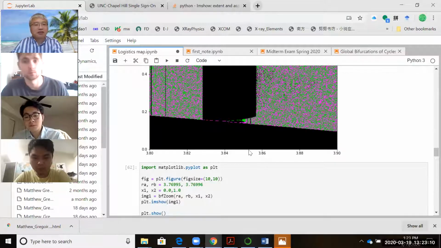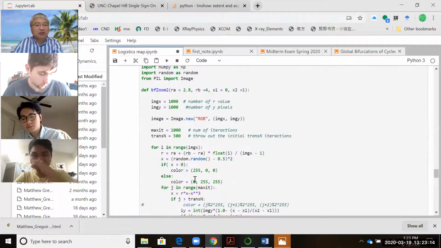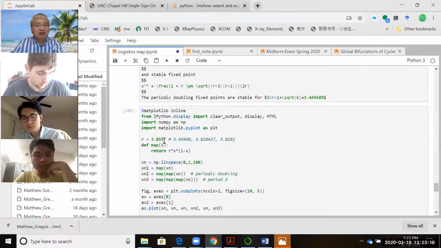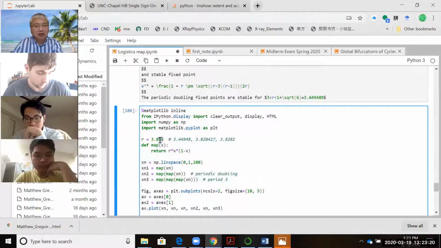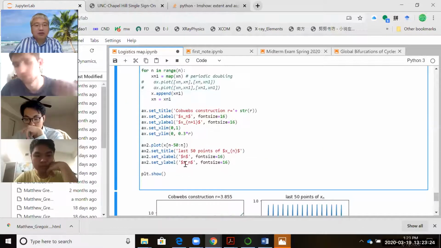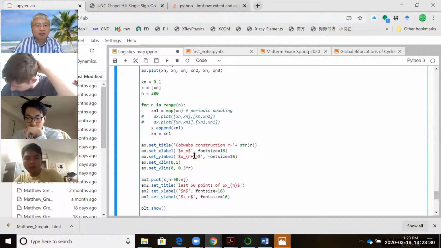Let me change the value a little bit more. I probably need to plot more points to see the long-term behavior.